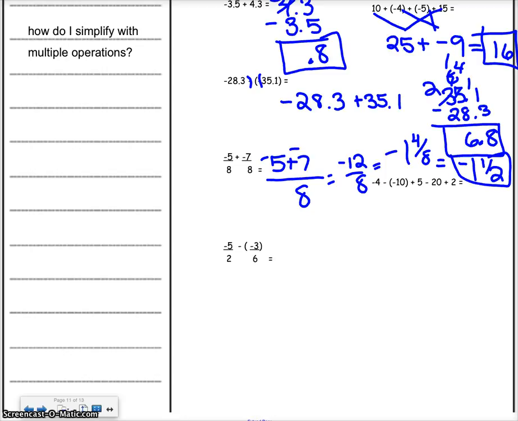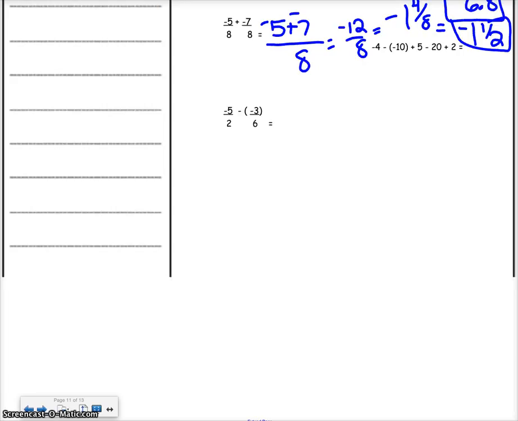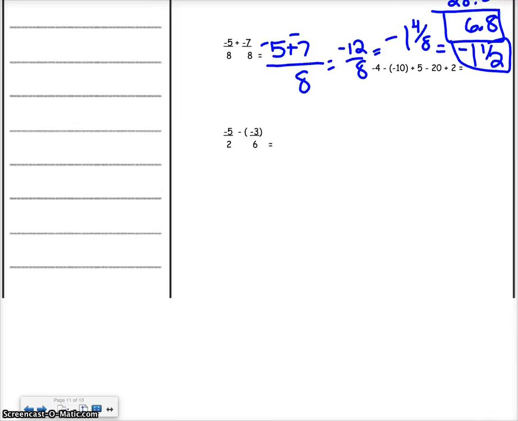Okay, this next multi-term one. I can't start combining numbers until I turn everything to plus. So I need to make sure that they're plus first. So this turns to plus plus, this turns to plus and negative, and then everything else is plus. So I'm going to rewrite it so my brain knows what's going on: negative 4 plus 10 plus 5 plus a negative 20 plus 2.